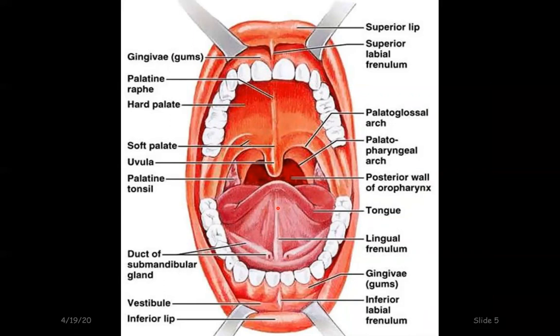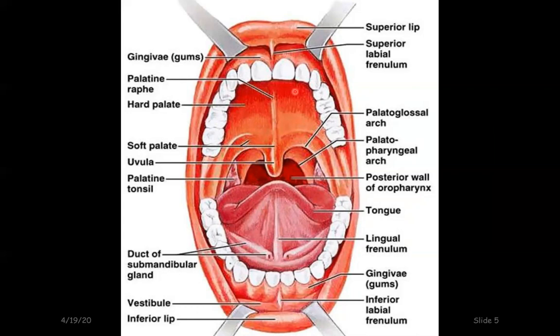So it's this line of anchoring tissue. You'll see there's some other frenulums that are illustrated in this image as well. One that's anchoring the lower lip, and one that's anchoring the upper lip. But the one described in your lab manual is this lingual frenulum, the one that's anchoring the tongue to the floor of the mouth.